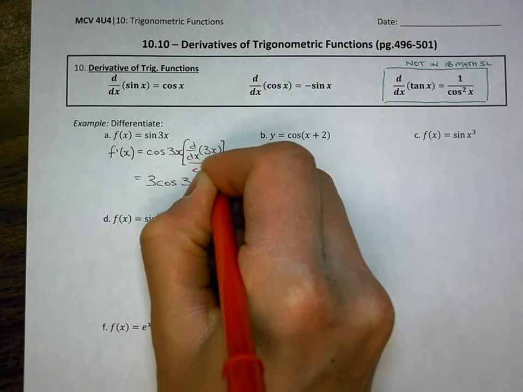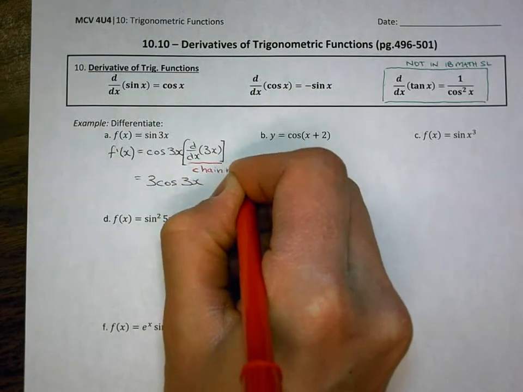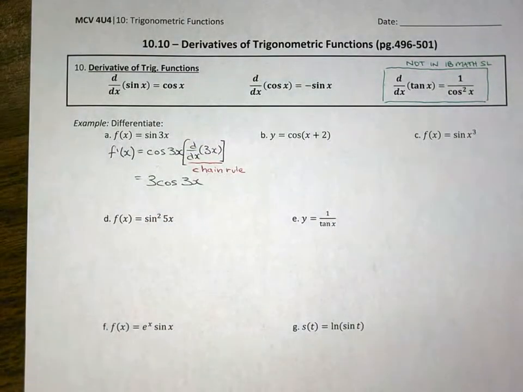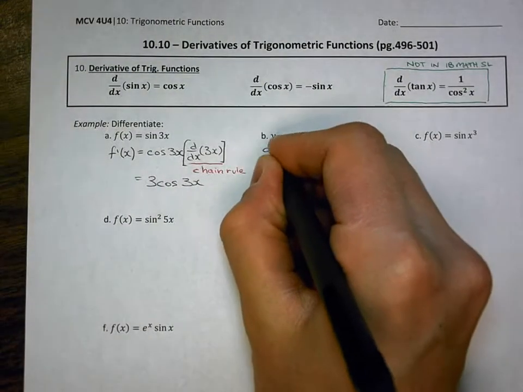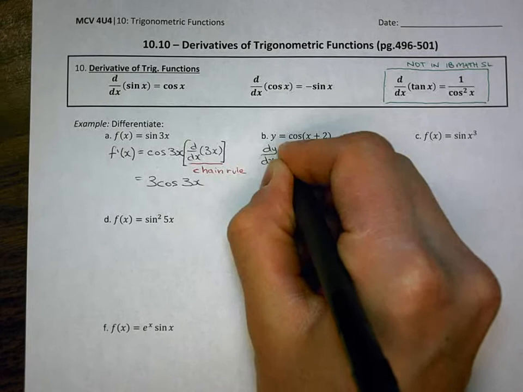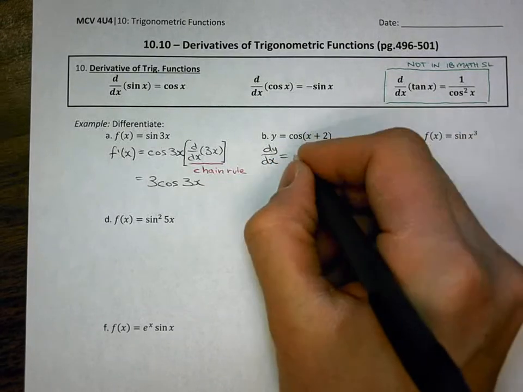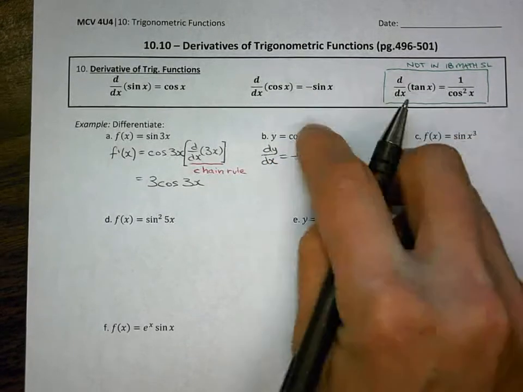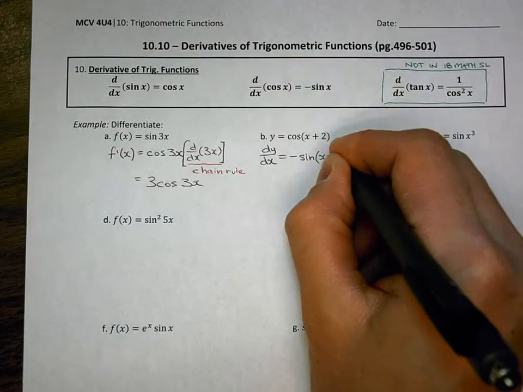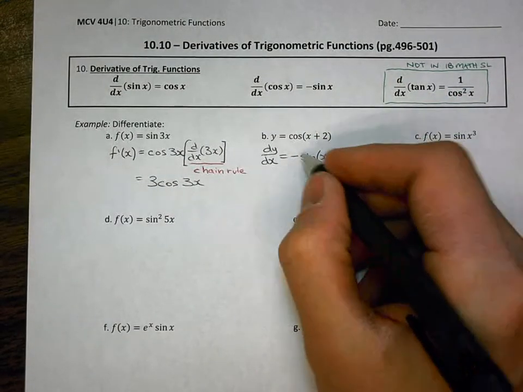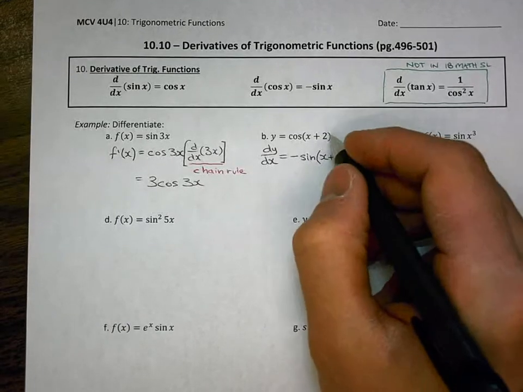Anytime I have something inside the argument of the trig function, I'm going to have to use chain rule. Similarly, in this next example, what's the derivative here? Well, dy/dx: the derivative of cos is negative sine. So the derivative of cos something is negative sine of that something, and then I have the derivative of the something, which is just 1.